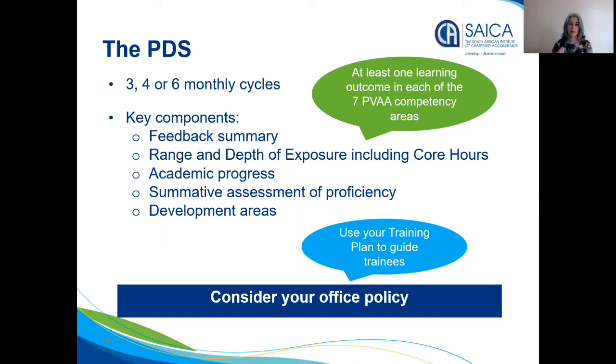I keep coming back to your office policy. Much of the assessment process under CA 2025 is driven by what would make sense in your training environment. So as you start implementing the program, think about what makes sense for you.